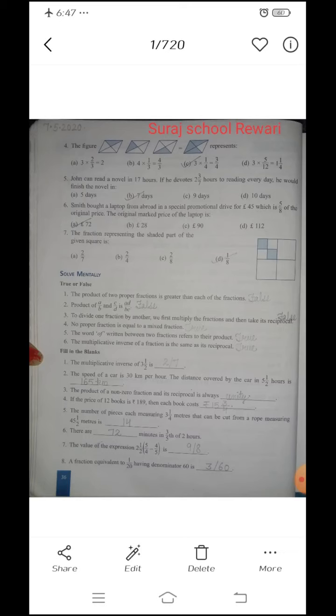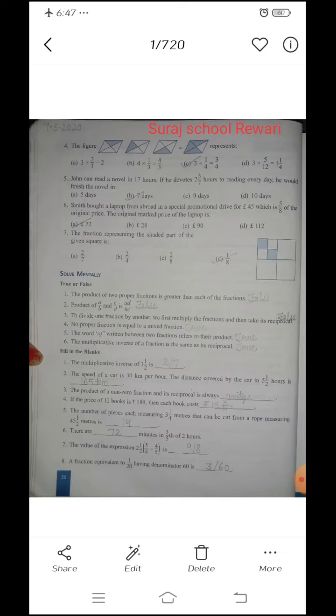Seventh, the value of the expression, whenever we solve this expression we get 9 upon 8 as the answer. Okay, firstly we solve the bracket, and in this bracket a subtraction is given, and then we get the answer of the bracket, then multiply with 2 and 1 upon 2.